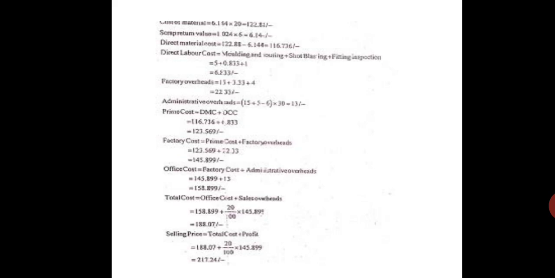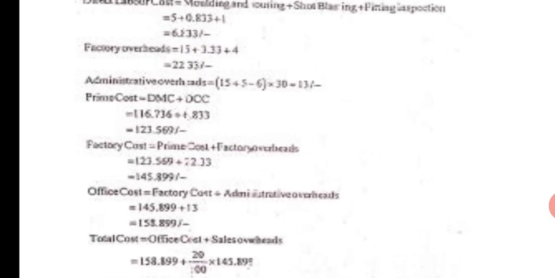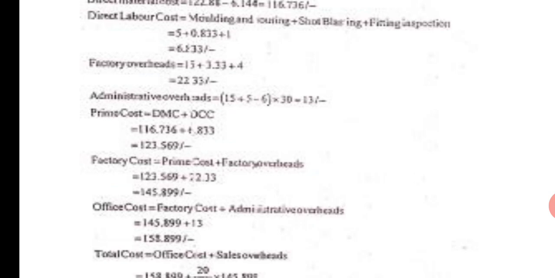Now next is administrative overheads. You see the timing is 15 minutes for molding, 5 minutes for shot blasting plus 6 minutes for fettling. I think here he has by mistake not given it. You have to divide 15 plus 5 plus 6 by 60, because all these timings are given in minutes.